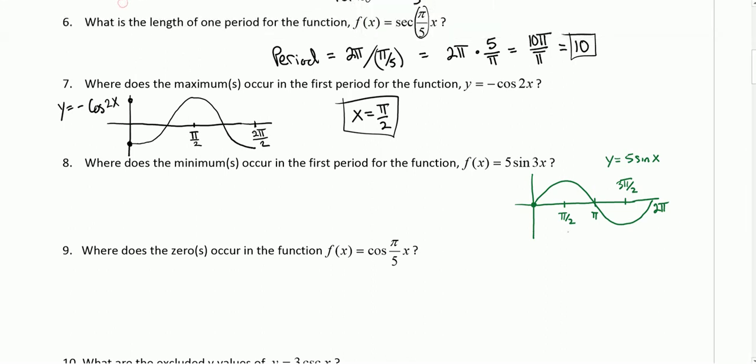So we end up with pi over 6, pi over 3, 3 pi over 6, which is pi over 2, and 2 pi over 3. And so our minimum is happening at pi over 2.